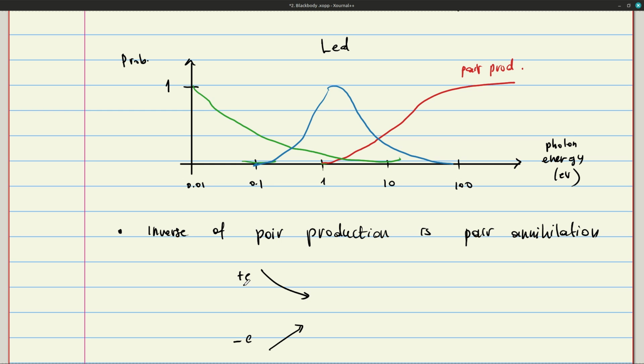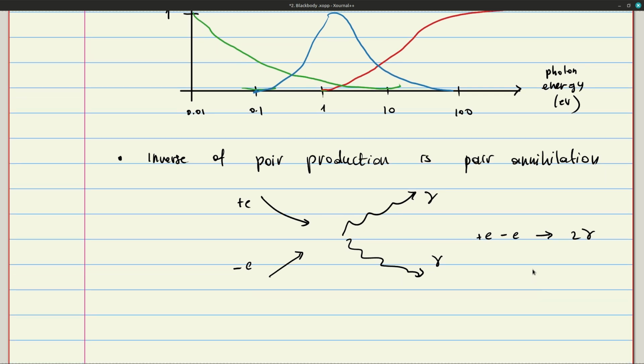Charge conservation is good. There's plus e, minus e, and then there'll be one gamma ray, but one gamma ray is not typically sufficient, so you need two gamma rays. So what we say is plus e and minus e go to two gamma rays. So this is also possible.